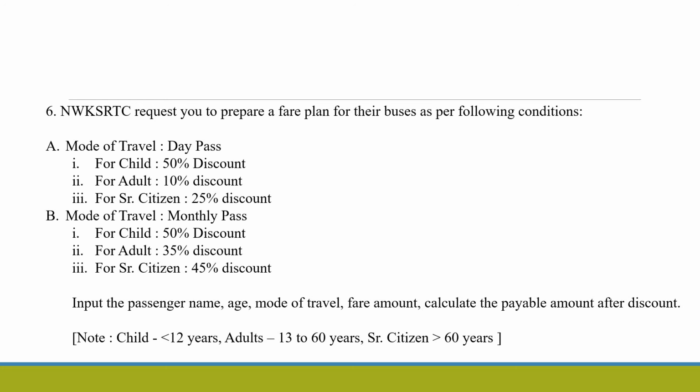Coming to the second one, mode of travel, monthly pass. For child 50% discount, for adult 35%, and for senior citizen 45% discount. Next, input the passenger name, age, mode of travel, fare amount, and calculate the payable amount after discount. A note is provided down here.